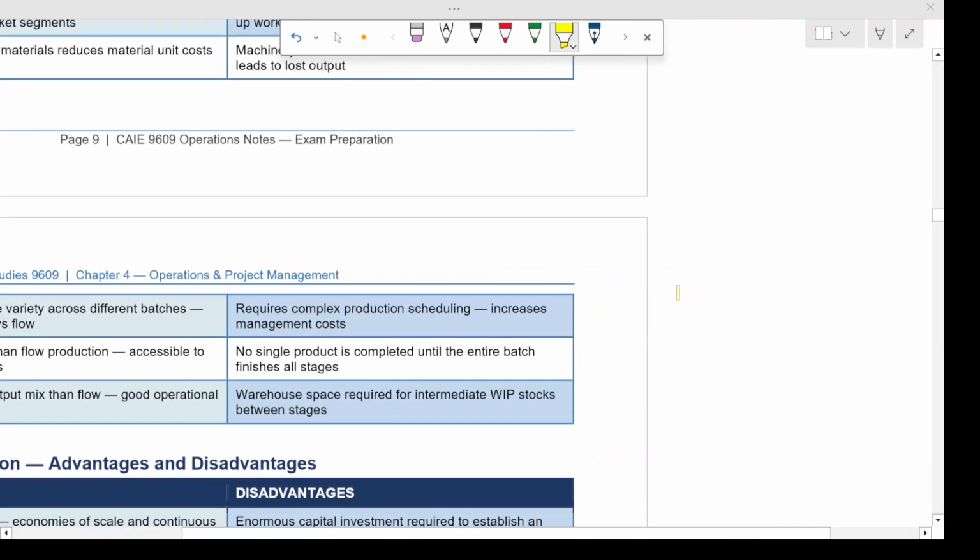Let me give you an example. If this is the time spent for production process one, and it is being done simultaneously by three machines, machine 1, machine 2, machine 3. But for production 2, you have four machines, but the time spent is just this much. So the time spent is significantly less.